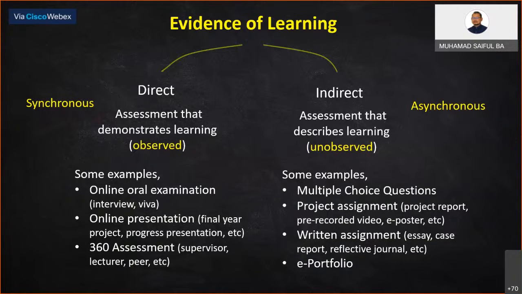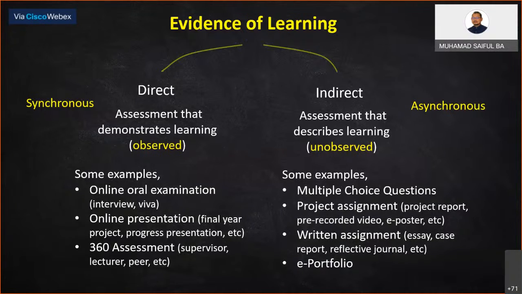The classic example is a project assignment. We give them an assignment, and they do it in a group. We do not observe them, but they submit the assignment, and we rate it based on whatever has been reported. So that is unobserved or unsupervised assessment.